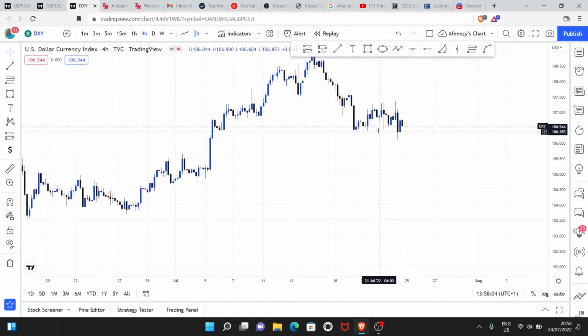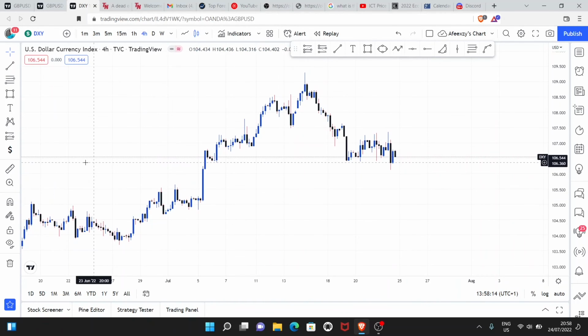It attacked the relative lows. After attacking it, we saw a nice reaction, but now we are coming down.